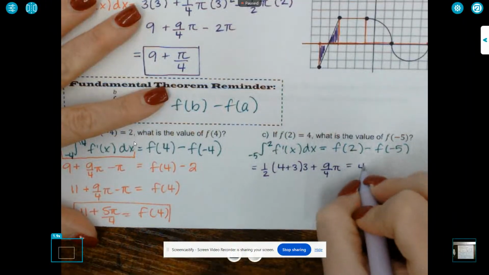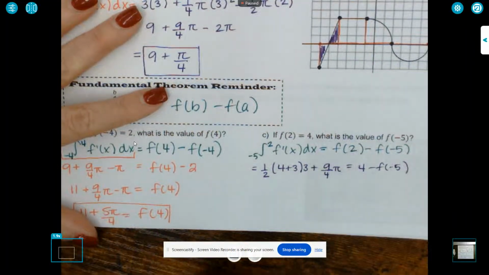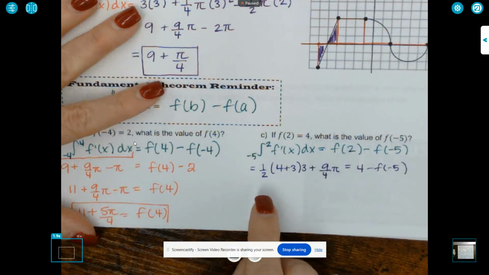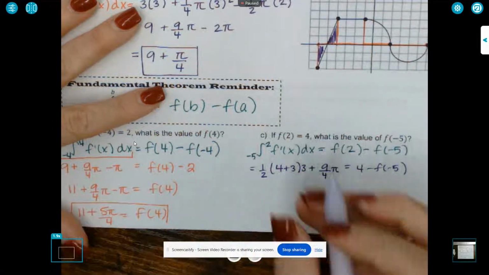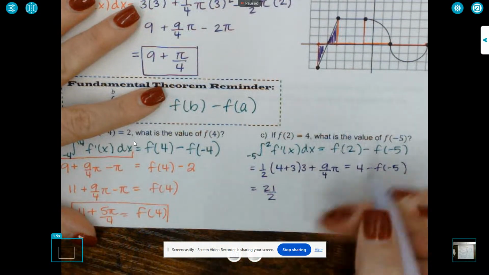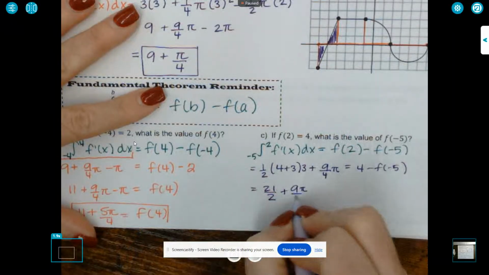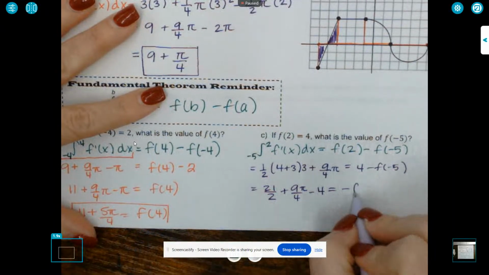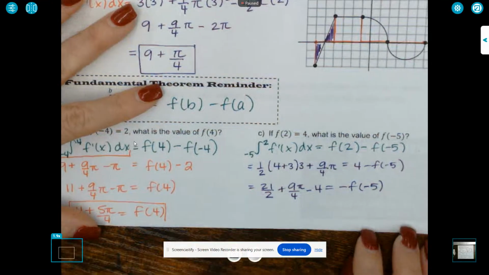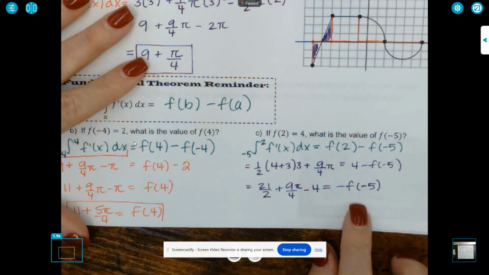Equals, we know f of 2 is 4 minus f of negative 5. So 7 times 3 is 21, 21/2. Plus 9 pi on 4 minus 4 is going to equal negative f of negative 5.